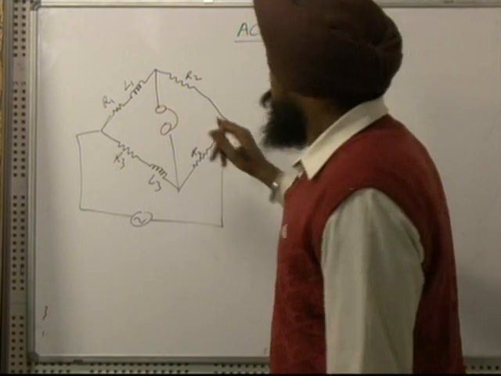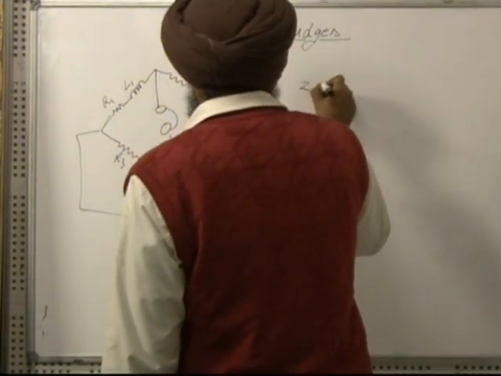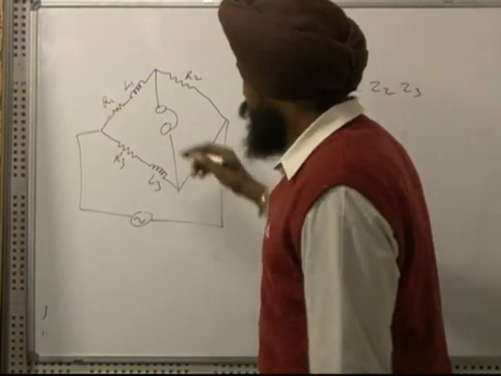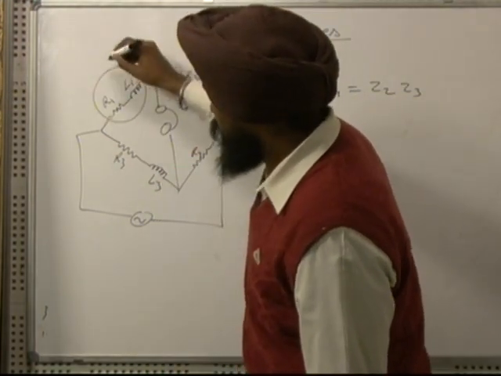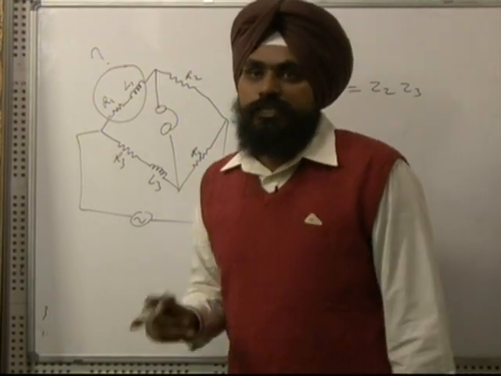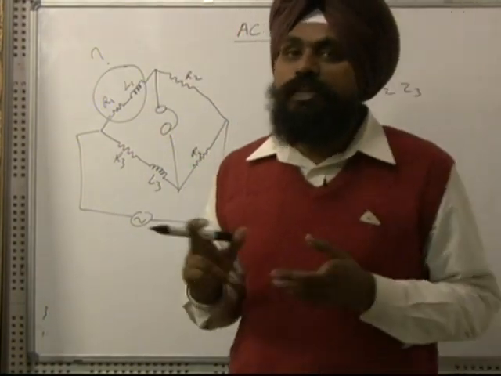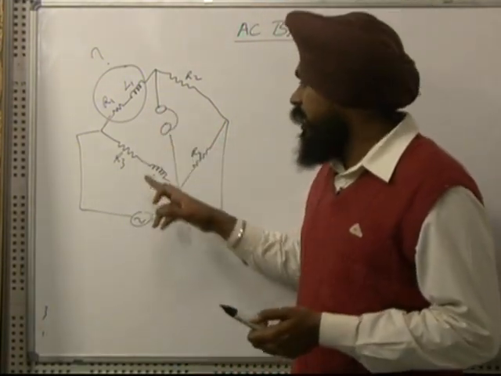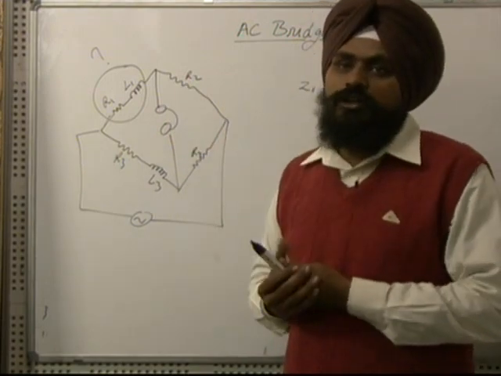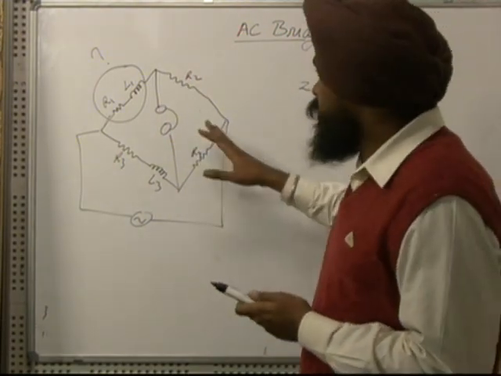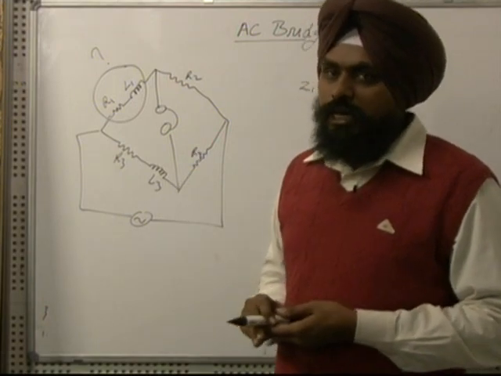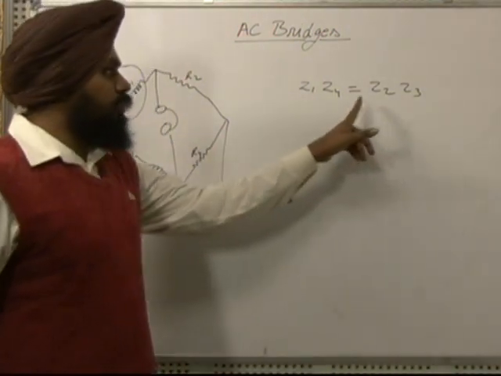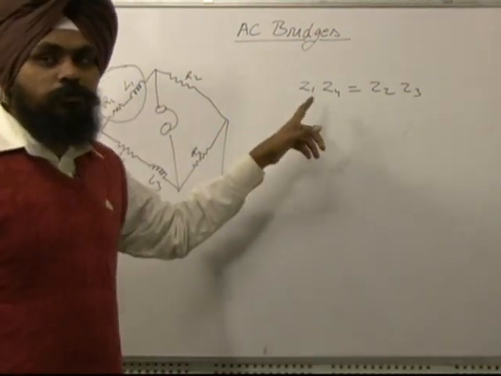So we have Z1 Z4 is equal to Z2 Z3. Now इसमें क्या है हमारे पास, this one is the unknown impedance. Z1 is the unknown impedance जिसकी हमें वैल्यू निकालनी है. तो इस ब्रिज के अंदर, मैक्सवेल्स ब्रिज के अंदर हम यूज करते हैं 3 रेजिस्टर, वेरिएबल रेजिस्टर और इंडक्टर, to find out the value of the unknown impedance. Okay, so now Z1 Z4 is equal to Z2 Z3, product of opposite arm impedances.